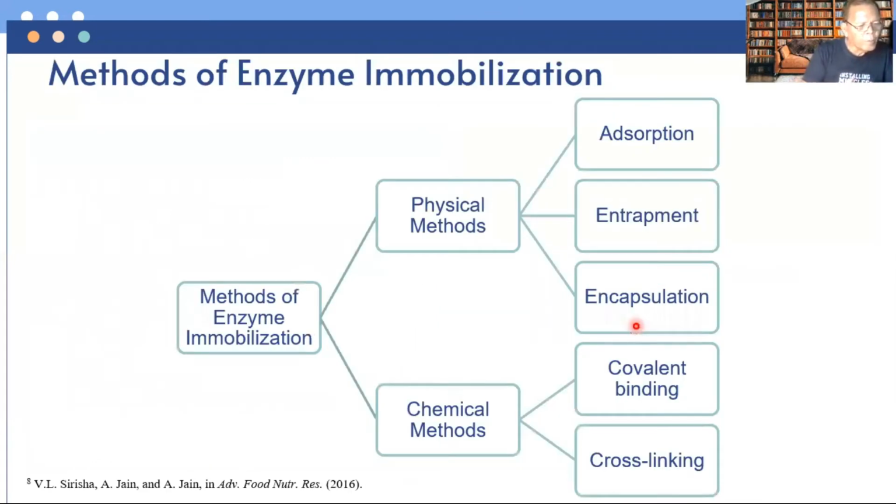Based on the binding property, methods of enzyme immobilization are classified into physical and chemical processes, as shown in this diagram. Let's see one by one.